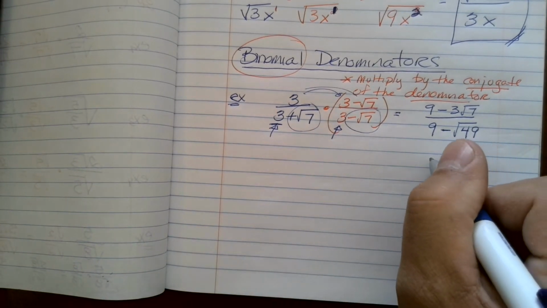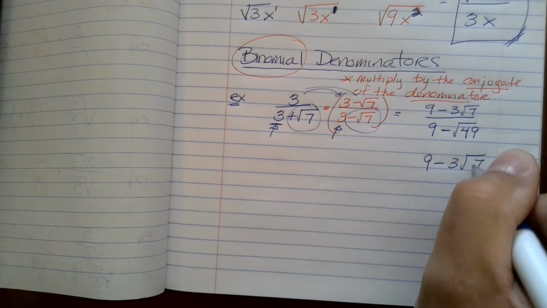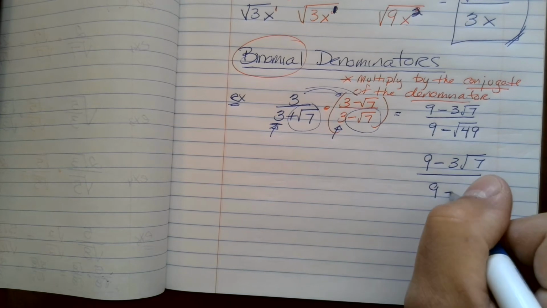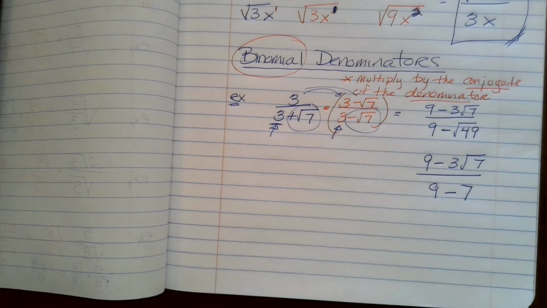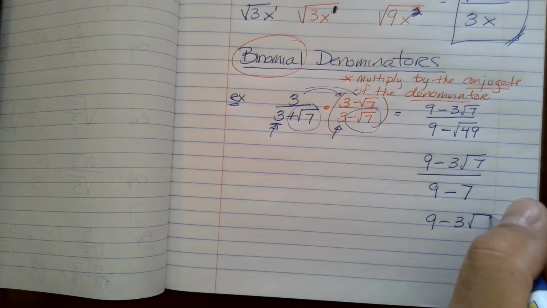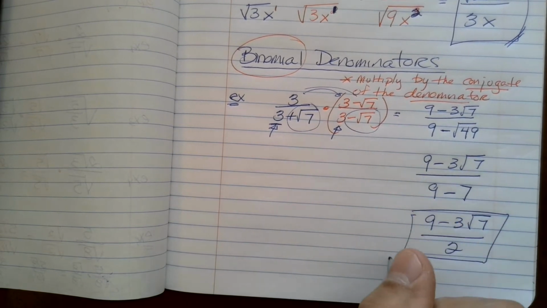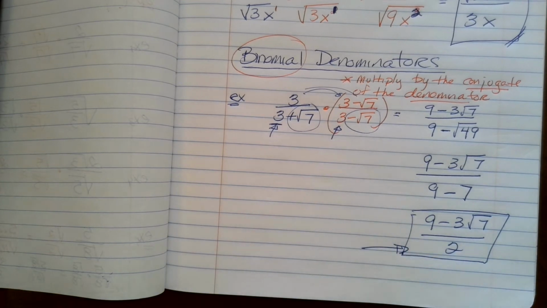So it looks like I'm going to have 9 minus 3 rad 7 all over 9 minus 7, which is 9 minus 3 radical 7 all over 2. And we rationalize the denominator. Success.